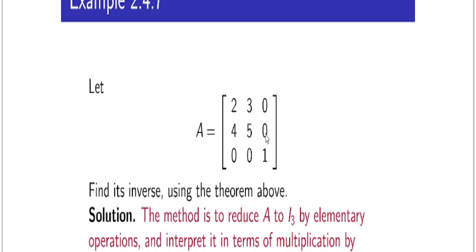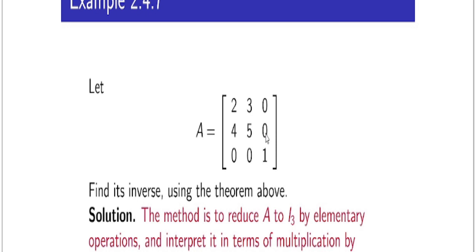Let A be the 3 by 3 matrix [2 3 0; 4 5 0; 0 0 1]. Find its inverse using the theorem above. Solution.